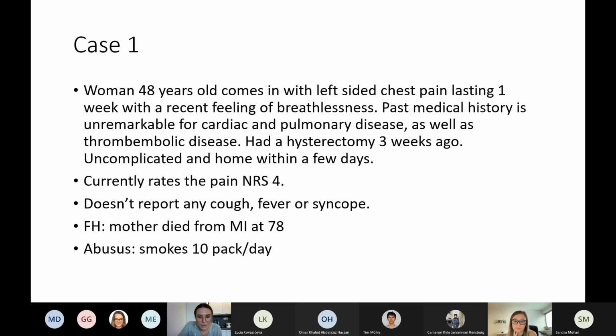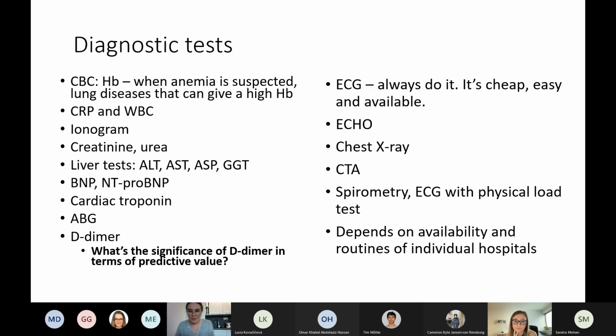Again, please. Okay, so basically a D-dimer has a negative predictive value. This means that if you have a D-dimer that is within reference range, then you can completely exclude a pulmonary embolism or any other thrombotic event.